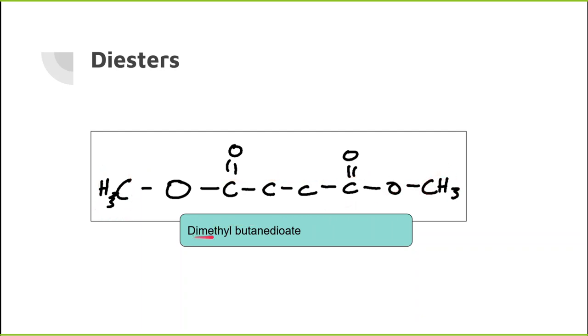So this gets called dimethyl. And then we've got 1, 2, 3, 4. So that's butane dioate to denote that we've got one of these on either side. So dimethyl butane dioate. This is a diester. Any questions there?